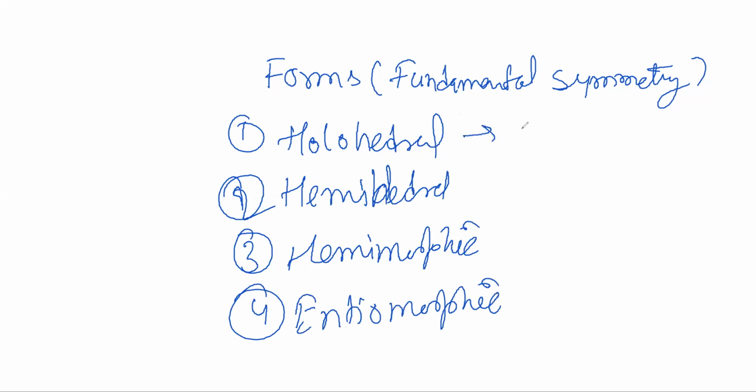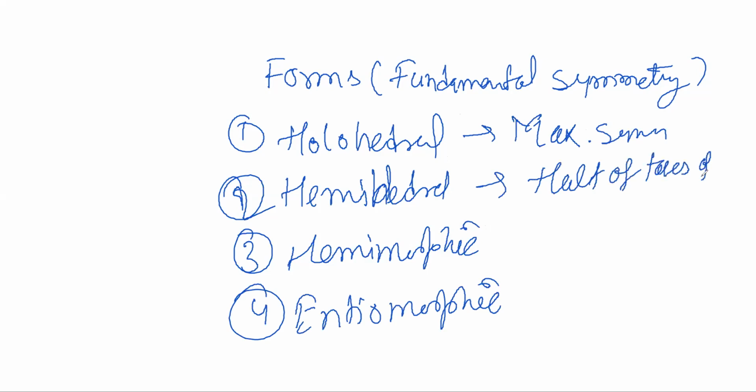So in holohedral we get the maximum number of symmetry. Half of the faces of the holohedral form are in the hemihedral. That means if there are 24 faces, then in this form there will be only 12 faces, exactly half. In the hemimorphic, there will be least symmetry.